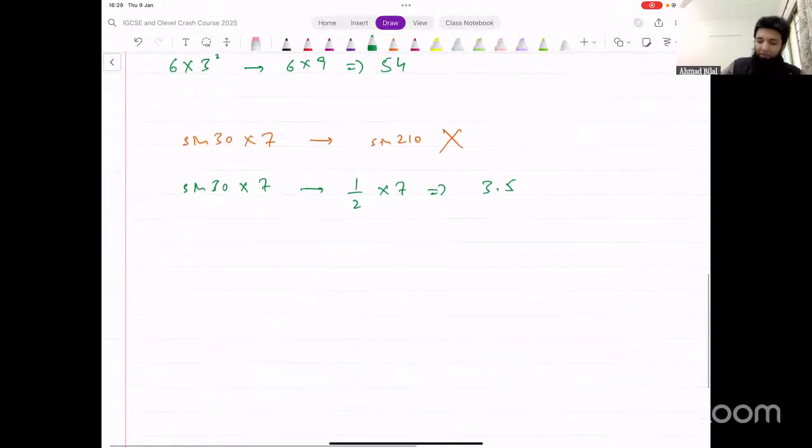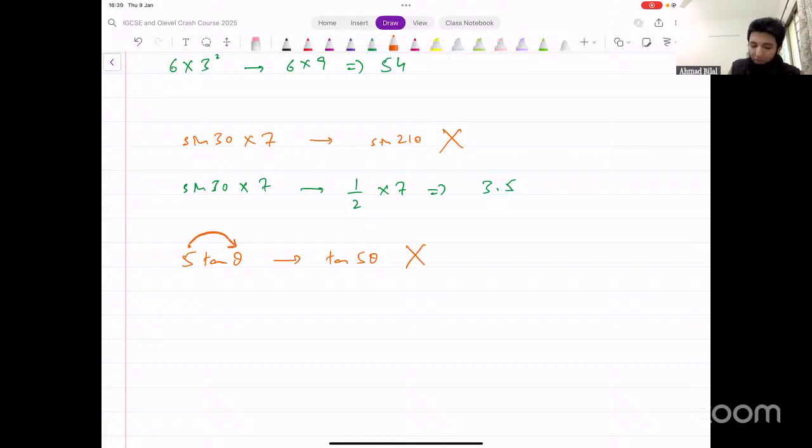Similarly, if you have a number multiplying before, it's the same thing as this. If you have, for instance, 5 times tan of theta, this is not the same thing as tan of 5 theta. Okay, you cannot do this multiplication first of all because you've got theta here.